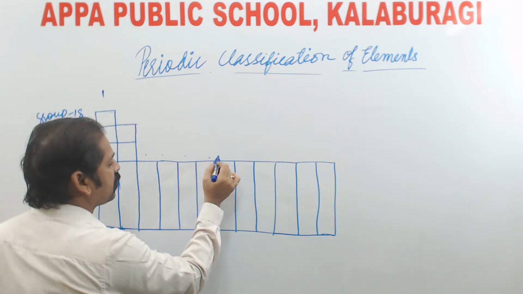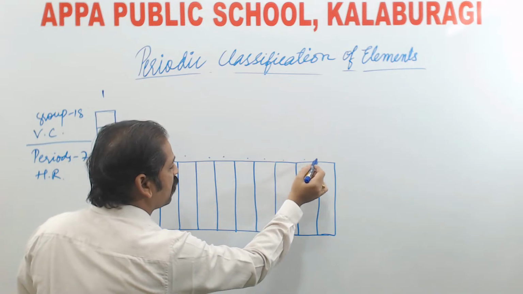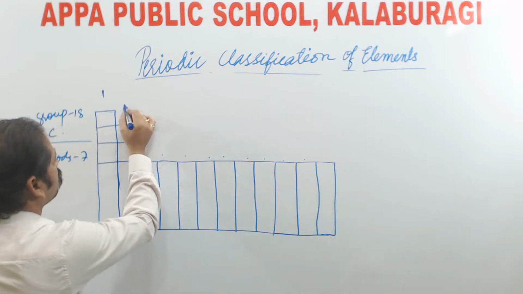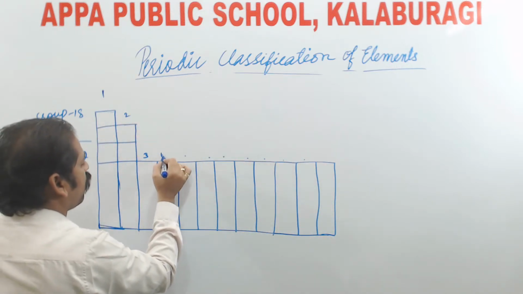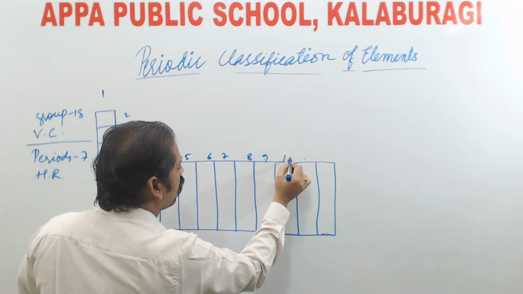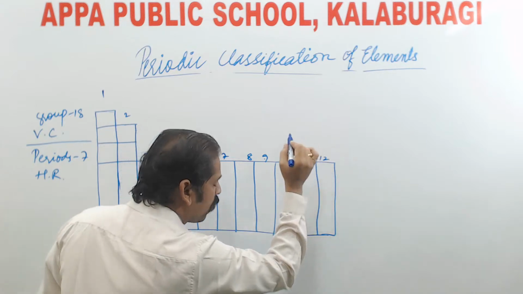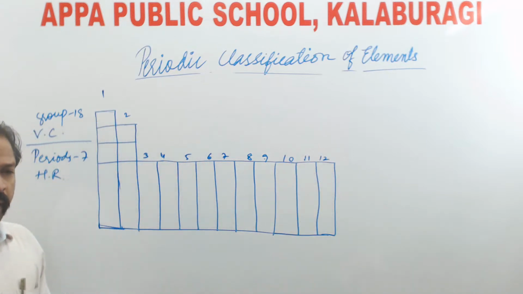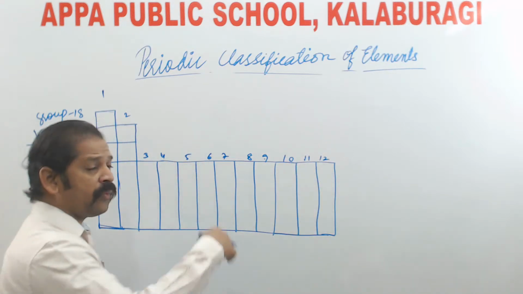I'll write it here: group number 2, 3, 4, 5, 6, 7, 8, 9, 10, 11, 12. Okay, 12 groups are there. Now we'll go for the next.